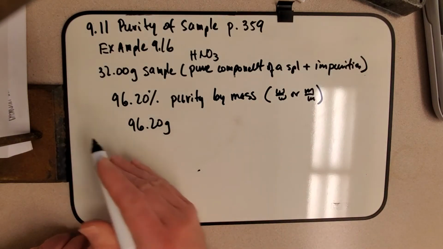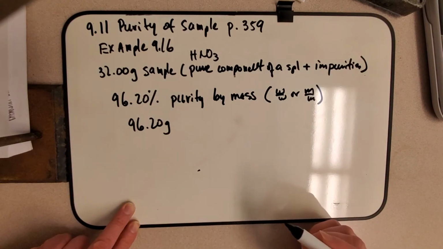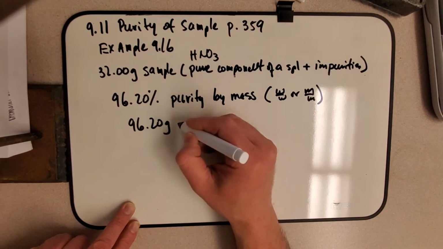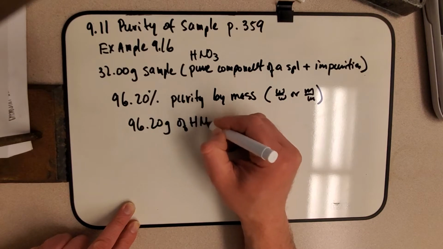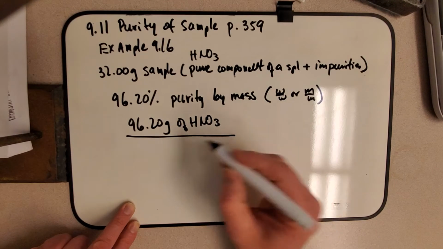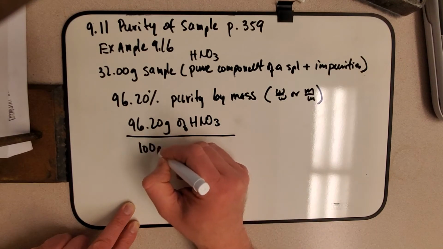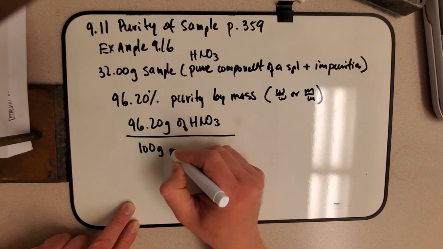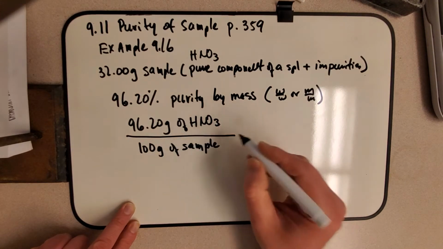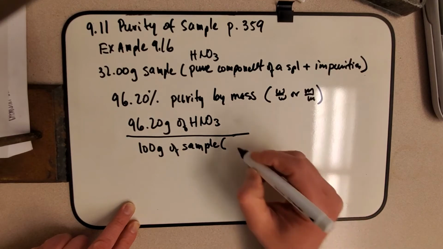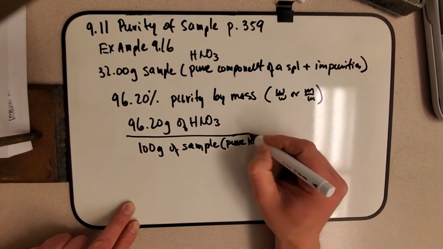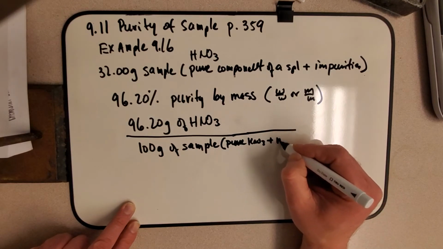So when they tell us 96.20% purity, that means we got 96.20 grams of HNO3 over 100 grams of sample. And this sample contains the pure HNO3 plus a bunch of different impurities.